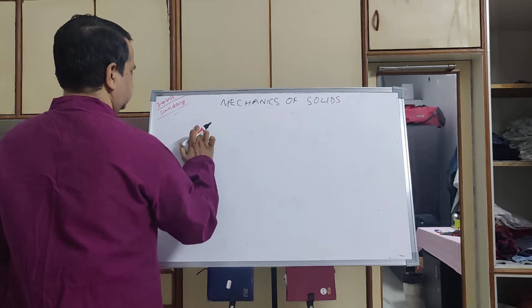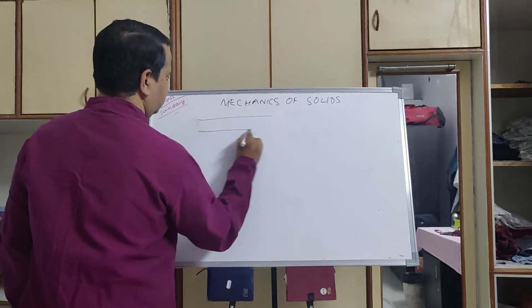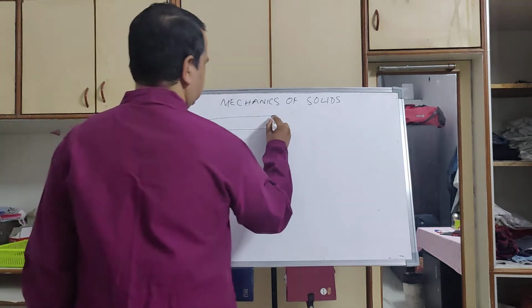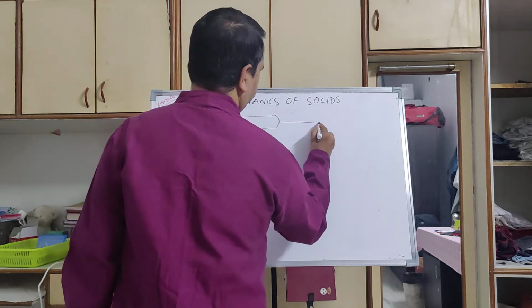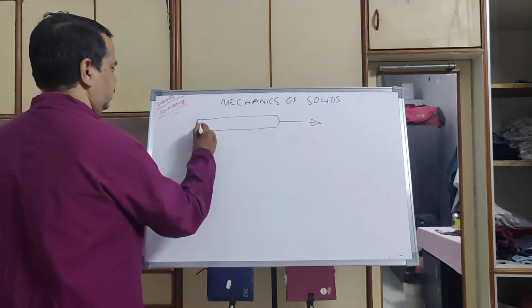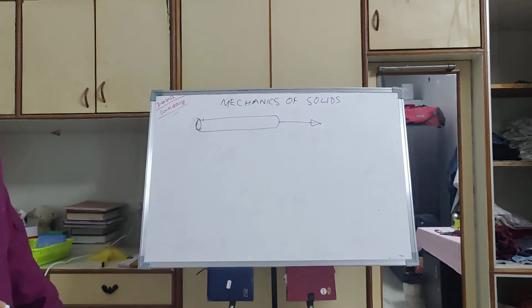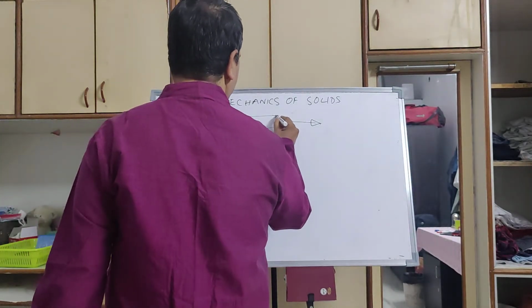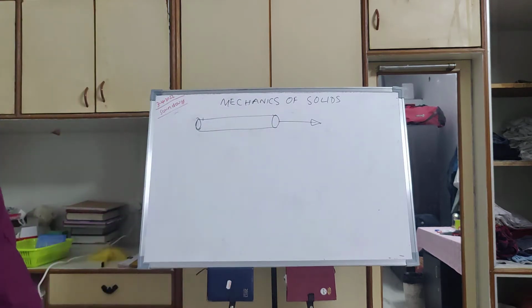Okay, so let us say we have a rod. When the load acts normal to the cross section of the rod, it will give rise to a longitudinal strain.